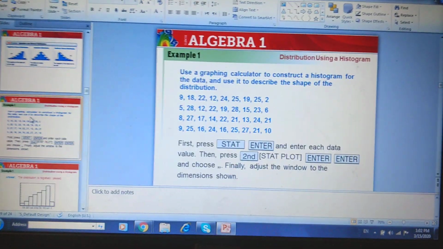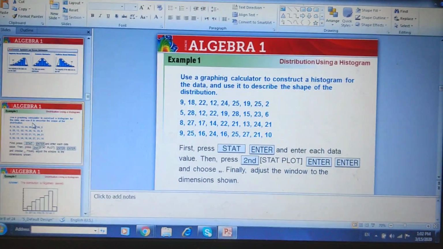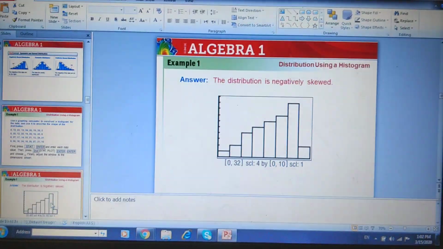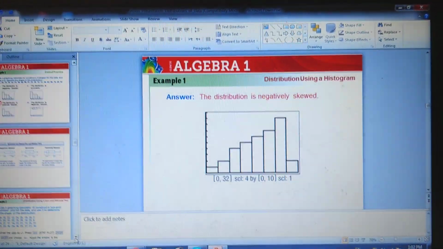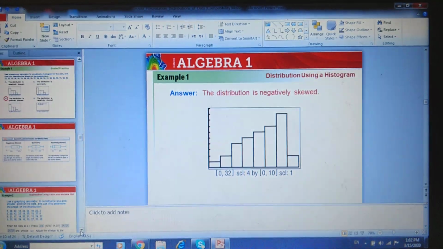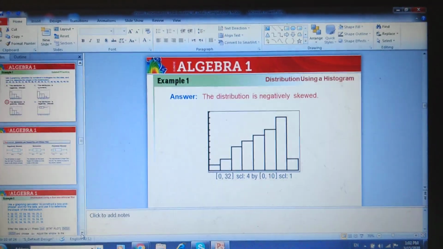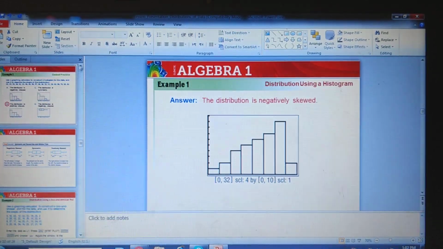You enter the steps and follow the instructions, then you will get this graph. The calculator will give you this graph, and here the graph is the distribution. It's negatively skewed because the majority of the data, as you see, are on the right.